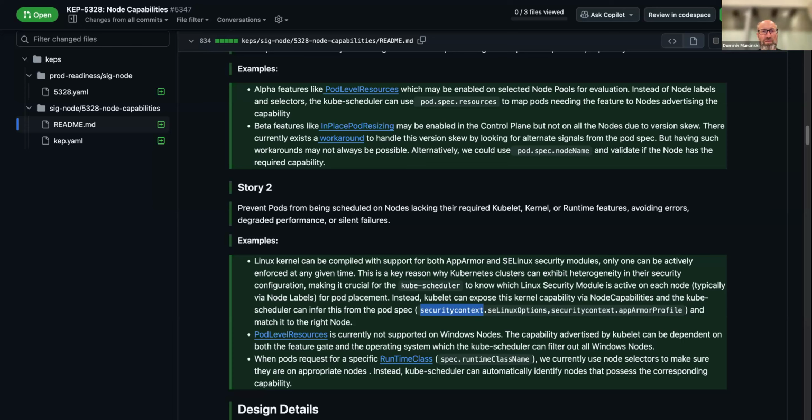Okay. But basically, it means that for every new capability, we will need some custom code in the scheduler to connect the capability with some pod-oriented setting, right? Yeah, that's right. It will not be out of the box. It will require some, hopefully pretty minor, but still some changes in the scheduler itself.